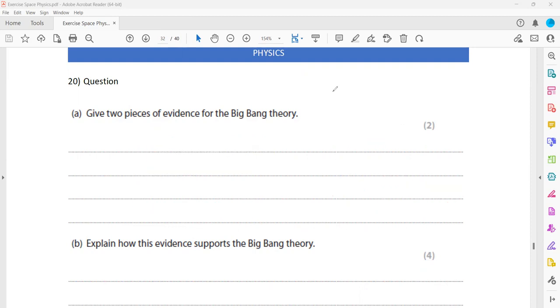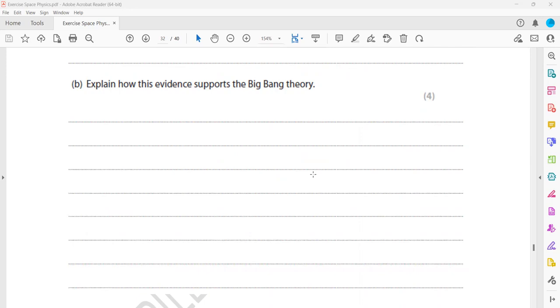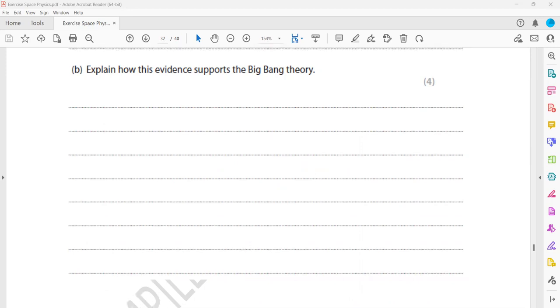Two pieces of evidence are there: that we have a background radiation, and the second thing is that it is giving a red shift. So the first thing, with this cosmic background radiation, say we are here.